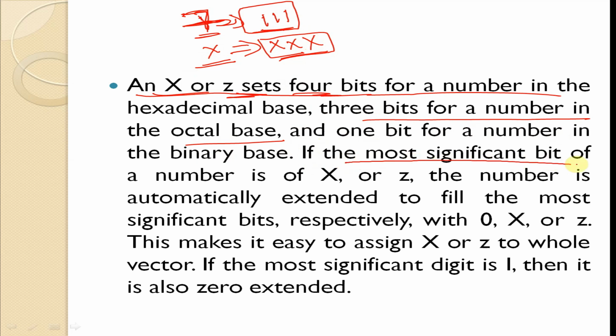So if the most significant bit of a number is unknown or Z, the number is automatically extended to fill the most significant bits respectively with 0, X or Z. So for example, if we have 12 tick binary X10, here we have only mentioned 3 binary numbers, that is X10.